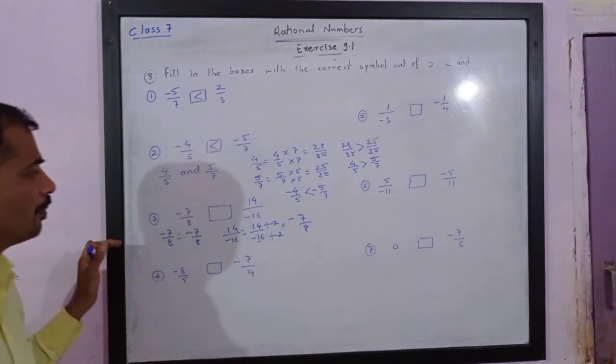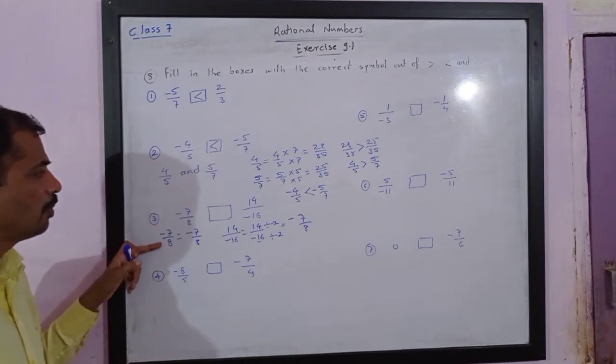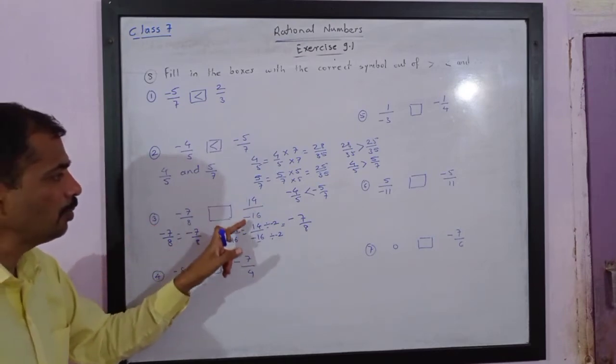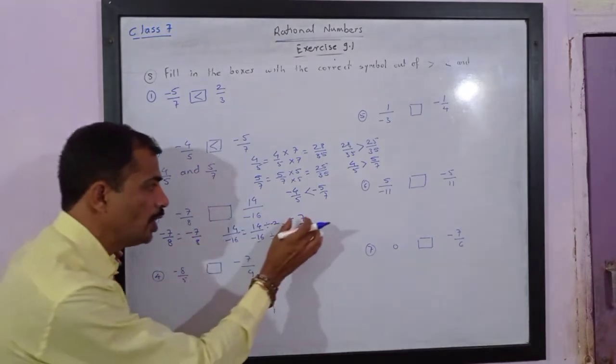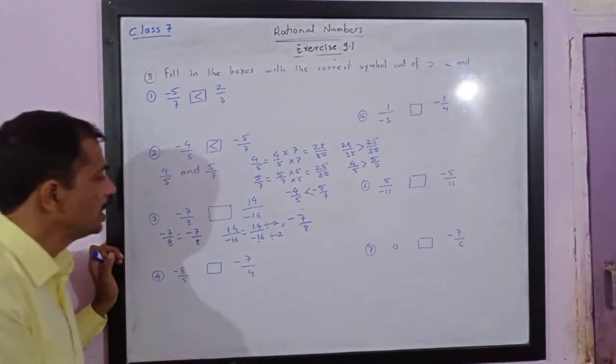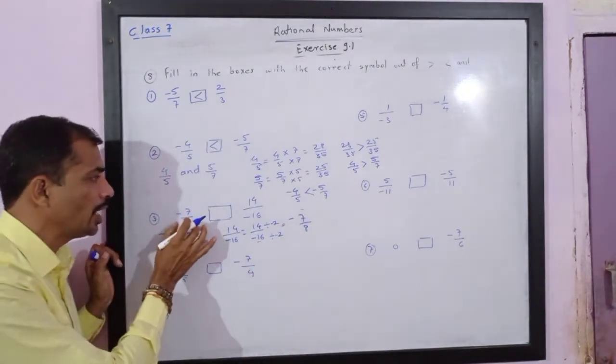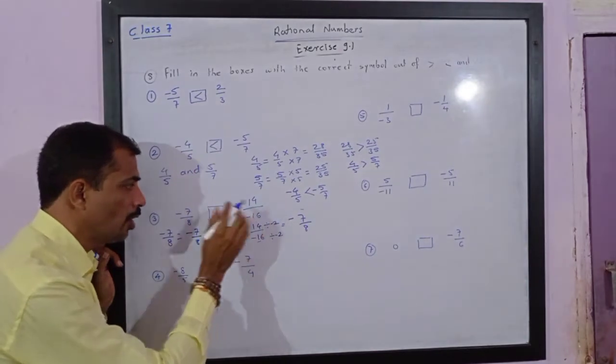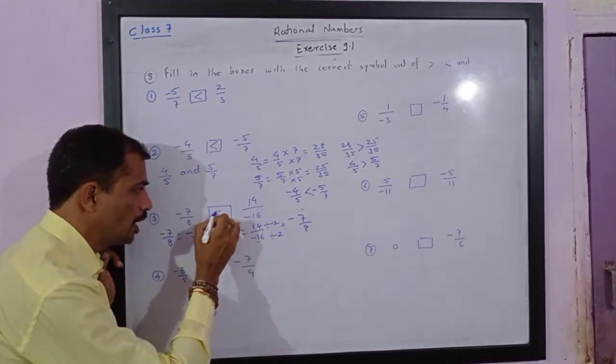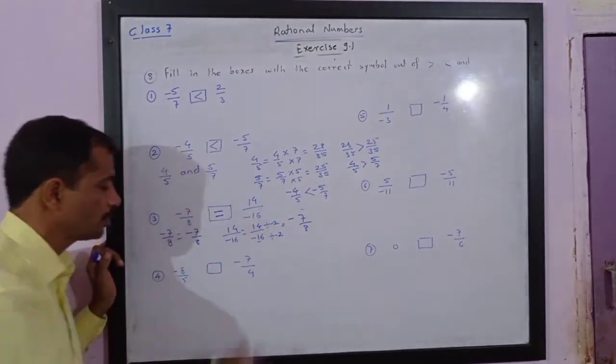Now watch carefully. This 14 upon negative 16 is also equal to negative 7 upon 8. It means negative 7 upon 8 is equal to 14 upon negative 16. So here the equal to sign exists.